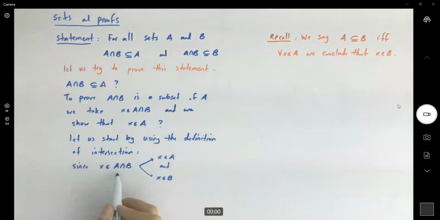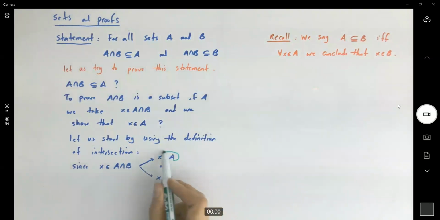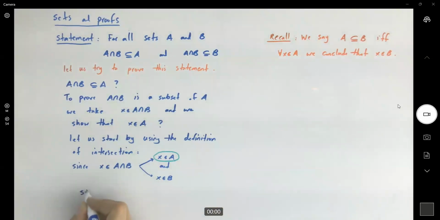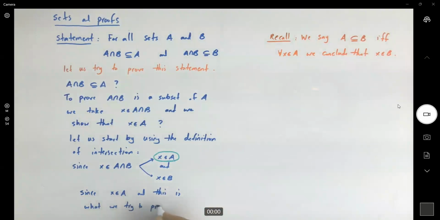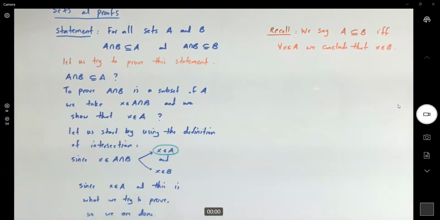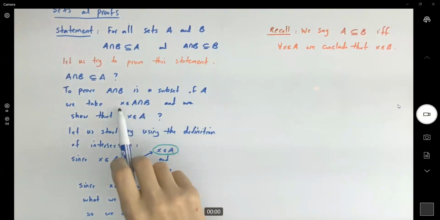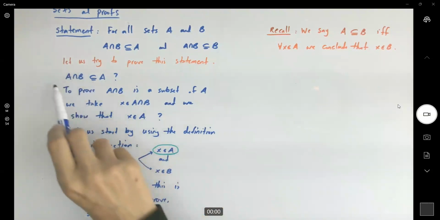Using the definition of intersection, I just showed that X is a member of A. So since X is in A, we're done with the proof, since X belongs to A. And this is what we tried to prove. So we are done. X belongs to set A, and that element was taken from A intersection B.